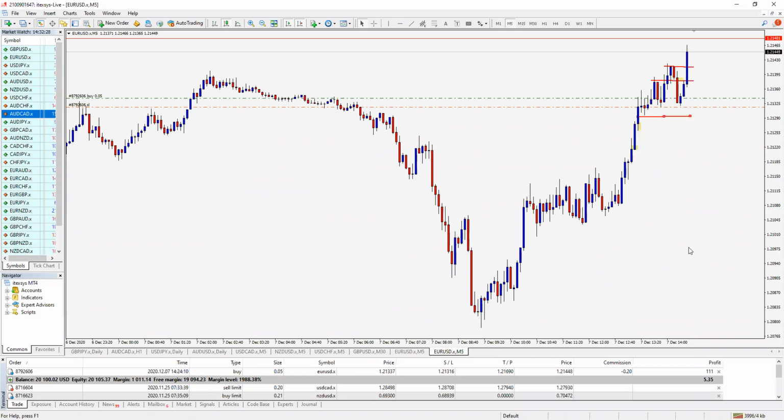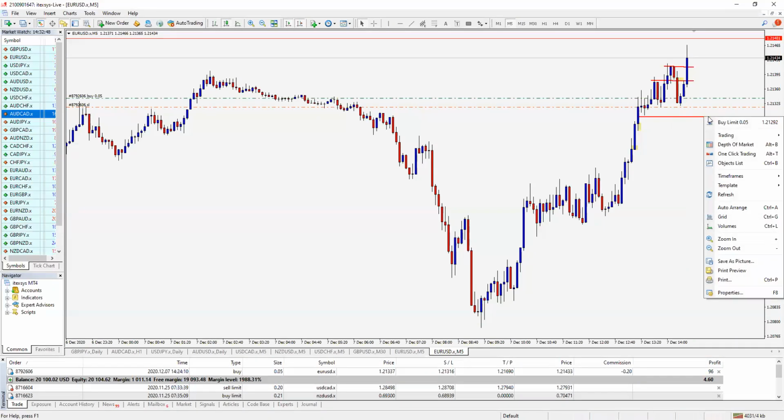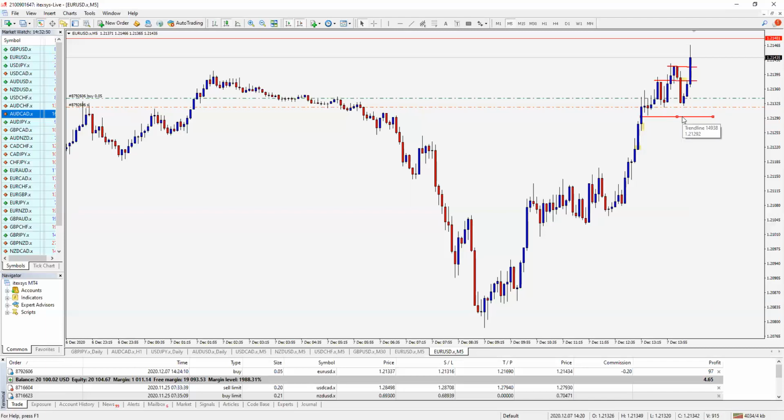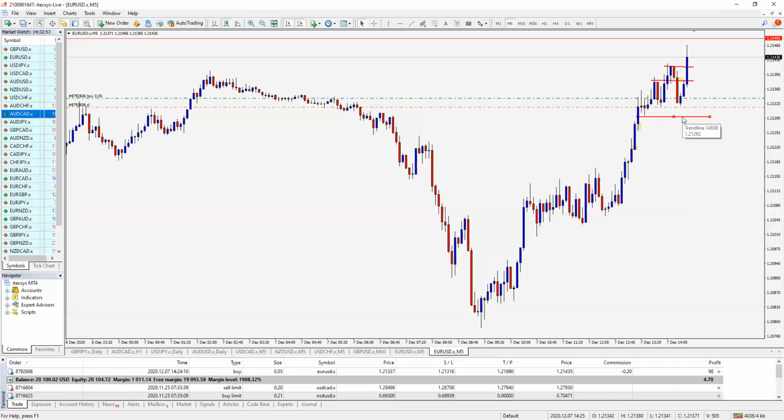There might be times to be greedy, but at any point it's fine to just book profits. I've been trying to tell you that consistency is more important than outcome. If you can generate a certain amount of return or pips or dollars consistently, you only need to increase your lot size and keep taking the same trades, and that's it.